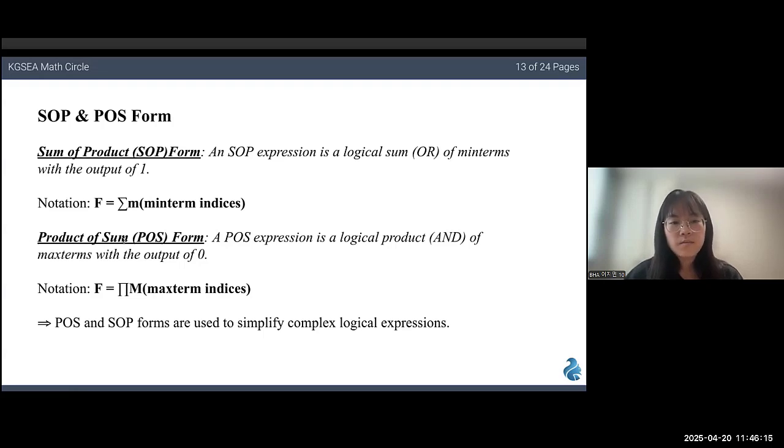And the product of sum form, which is POS form, is a logical product of max terms with the output of 0. The notation is like this, which is the product of max terms. POS and SOP forms are used to simplify complex logical expressions.